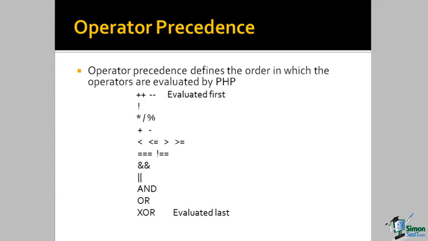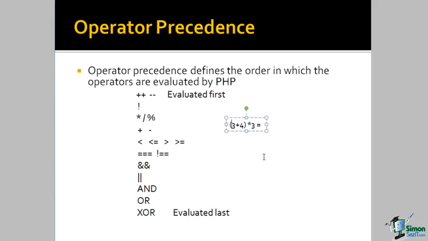What would we do to ensure that 3 plus 4 times 3 would actually equal what we wanted it to equal? Because the way it's written right now, we're going to get 15. That may be the value that you wanted, but it may not be. What I really wanted was the value to be 21. So I wanted to make sure that the 3 and the 4 get added first, then multiplied by 3.